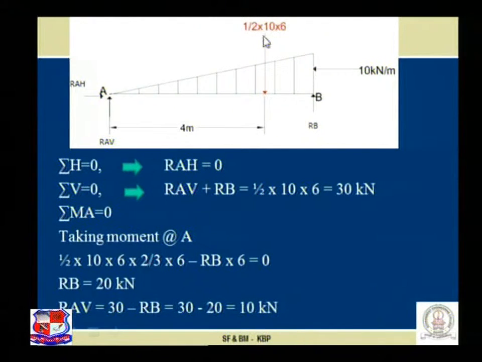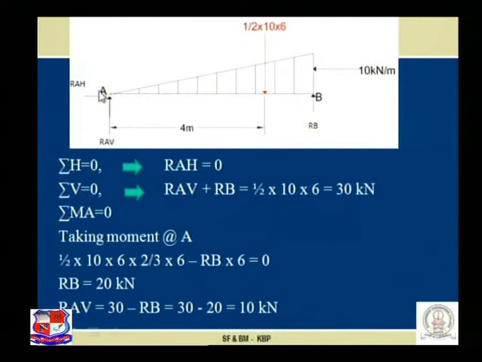This half into 10 into 6 is the equivalent point load, which will act at the CG of the triangle. So what I did here is convert this triangular UVL into the equivalent point load, that is half into maximum magnitude multiplied by the length of the beam, which will act at the CG.